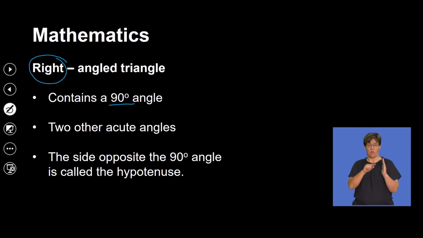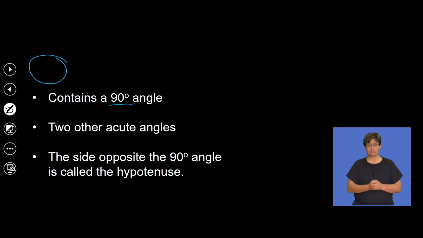I know at times we also look at right polygons or prisms. Please don't make the mistake of thinking about 90 degrees all the time there. There are also two other acute angles, remember that. The side opposite the 90 degrees, we normally call the hypotenuse side.